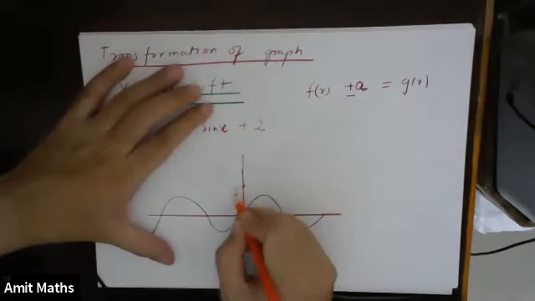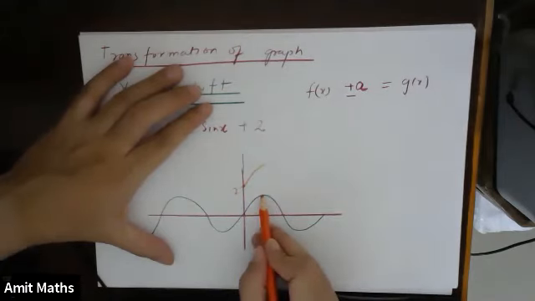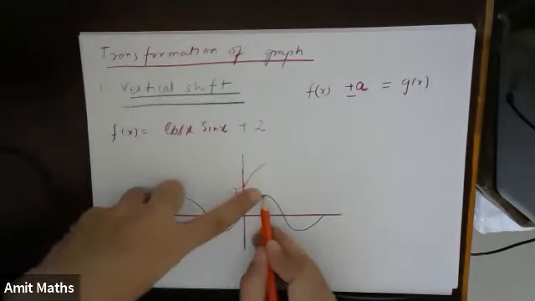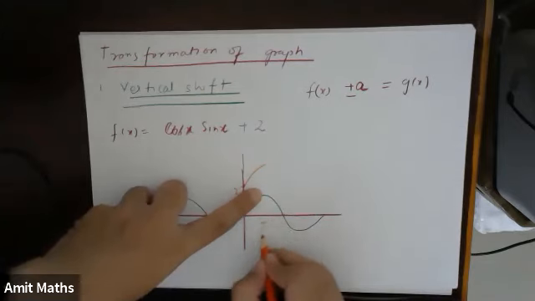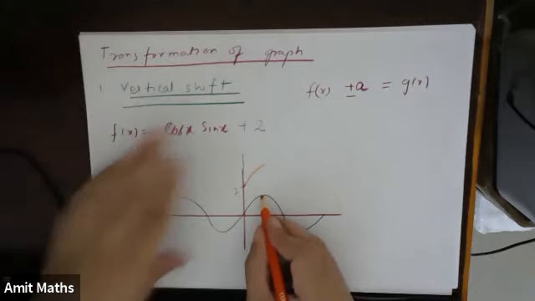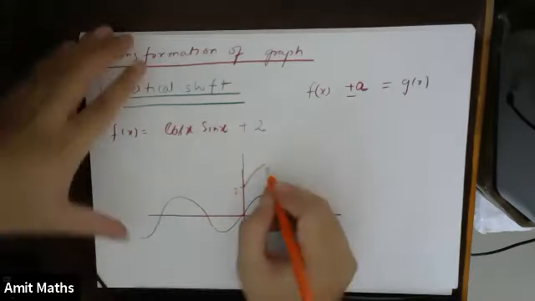When the function sin x was 1, that is at pi by 2, now the function will become 1 plus 2, that is 3.